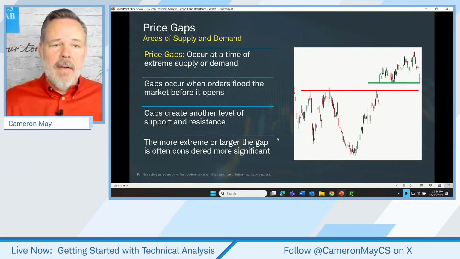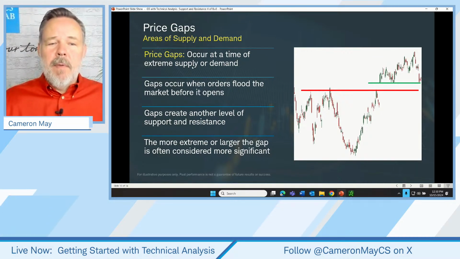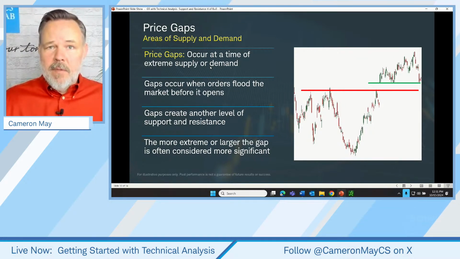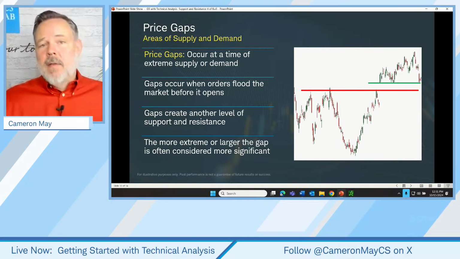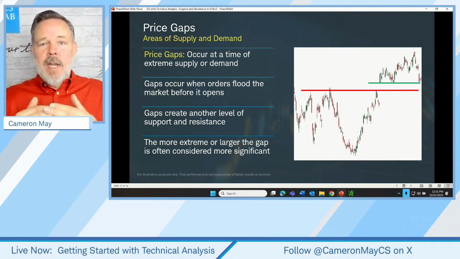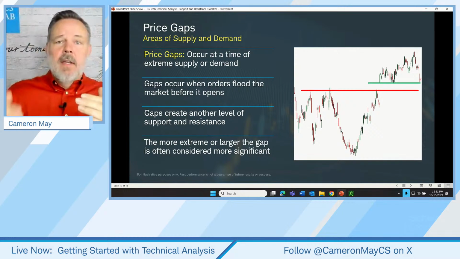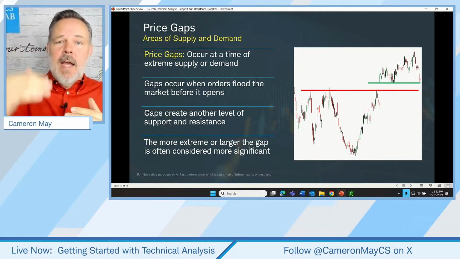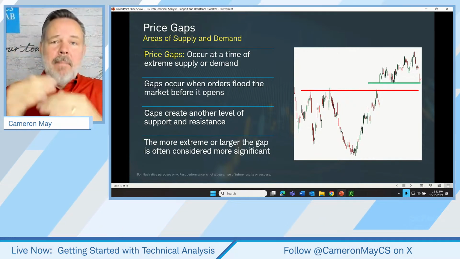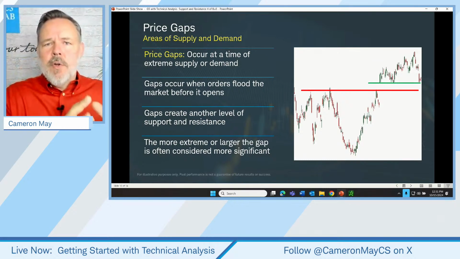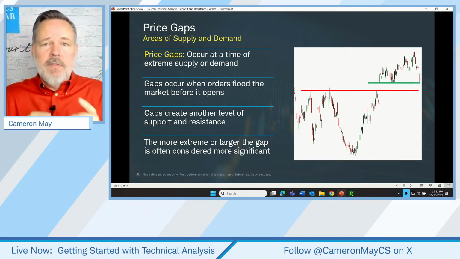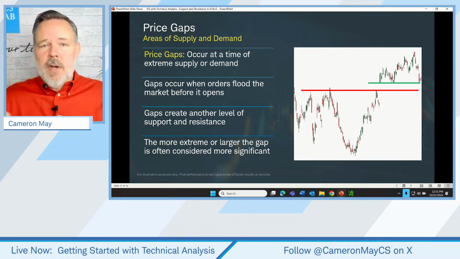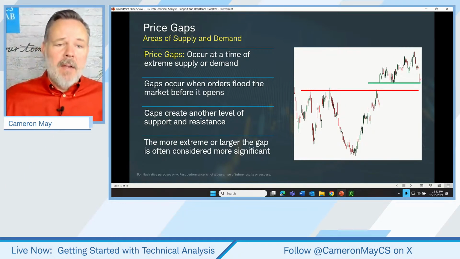With price gaps, they occur at a time of extreme supply or extreme demand. So if there's a lot of buyers, hardly any sellers, what can happen is overnight, price can gap up. If there are a lot of sellers, not as many buyers, overnight that imbalance can cause a gap down, or in between shorter term time frames if we're looking at hourly charts, or longer term time frames, like you can look at weekly charts over the weekend, for example, it might create a gap.